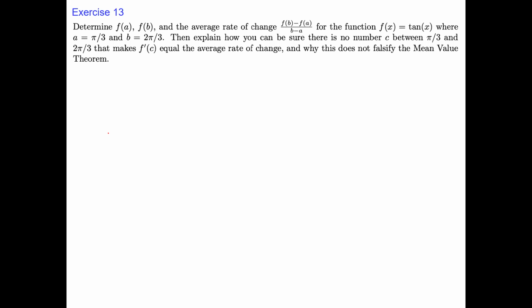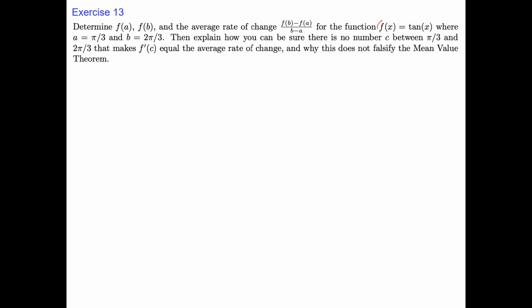Then explain how you can be sure that there is no number c between pi over 3 and 2 pi over 3 that makes the derivative at c equal to the average rate of change, and why this does not satisfy the mean value theorem.